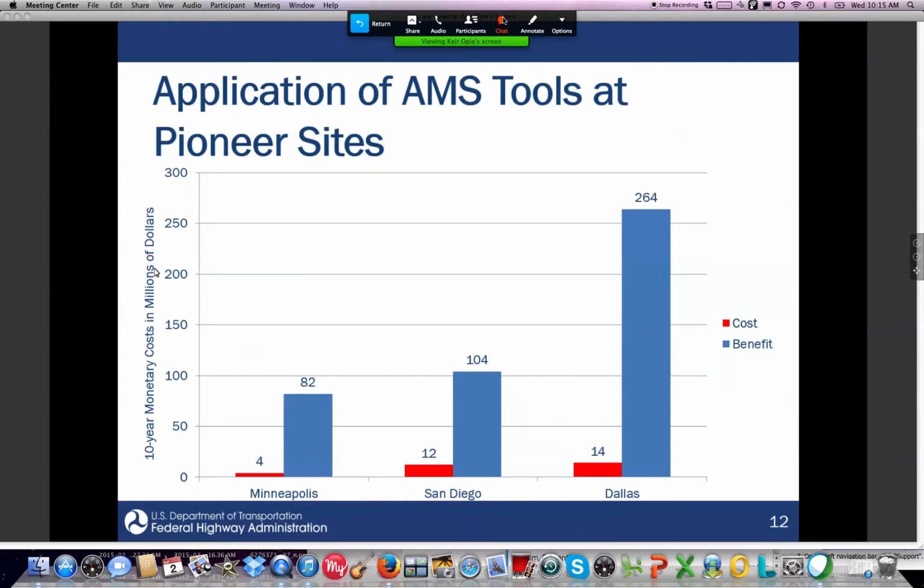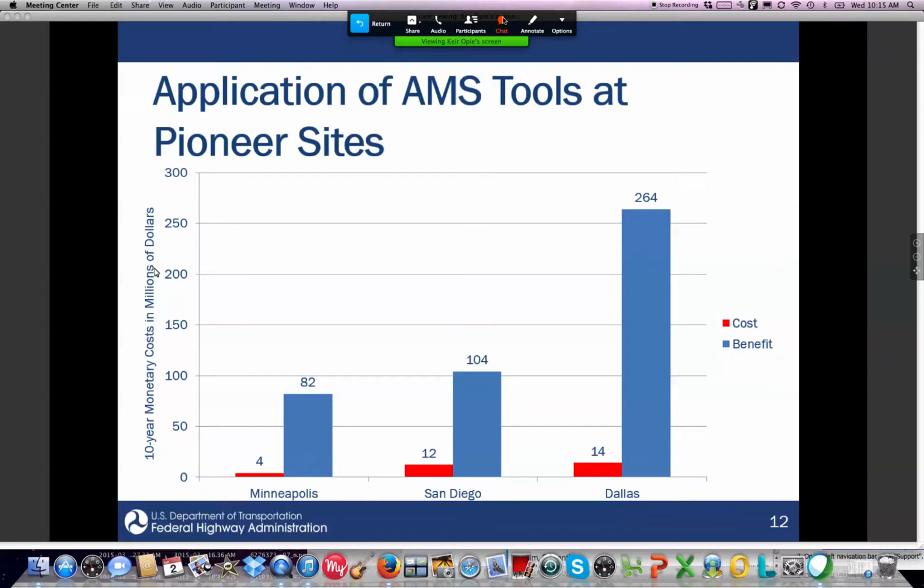So within the FHWA ICM initiative, of all of the Pioneer sites, 3 of them moved forward onto the AMS stage for consideration a few years ago, those being Minneapolis, San Diego, and Dallas.